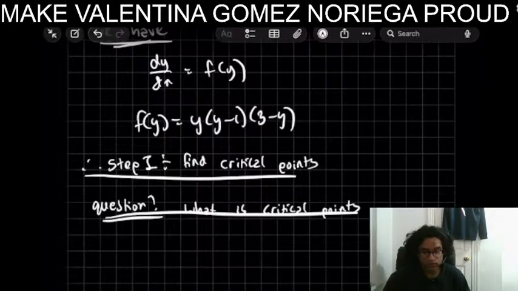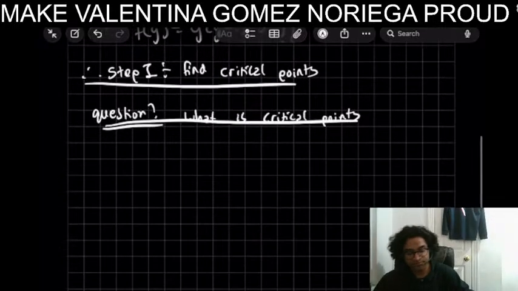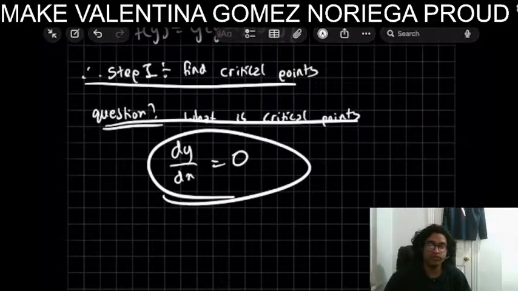A critical point occurs when dy/dx is equal to 0. The only time you're going to encounter a critical point is when dy/dx is 0.